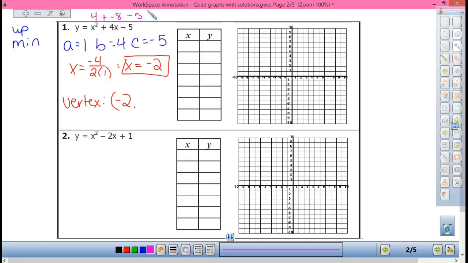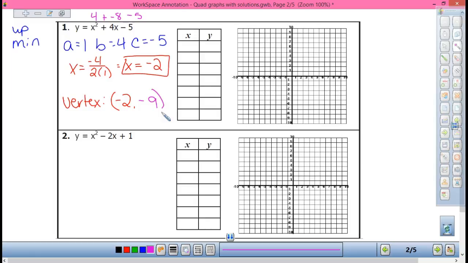I like to have this written out so I know what I'm plugging into my calculator, because otherwise I sometimes forget what number I'm plugging into my calculator. Okay, so what do I get when I take 4 plus negative 8 minus 5? Negative 9? All right, so my vertex is negative 2, negative 9.